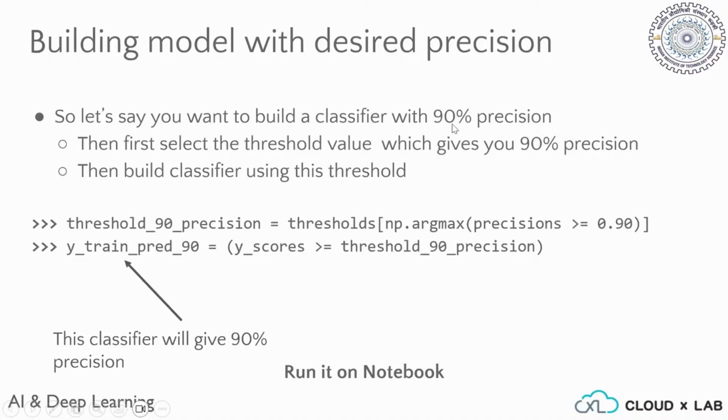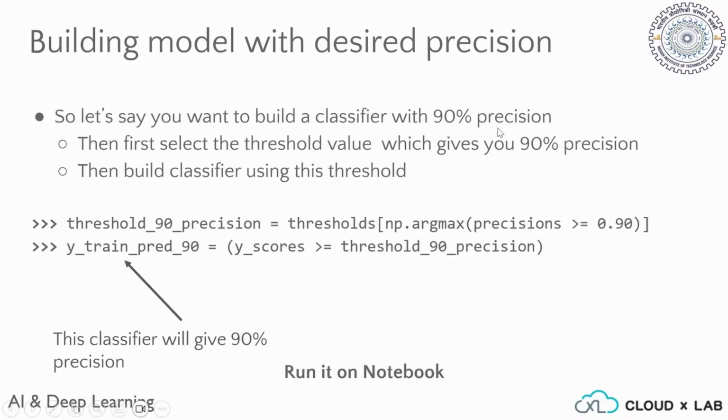Since the precision is high, the recall will be low, right? So it's not like we can get both high precision and high recall. But yes, let's say it's a need of our problem that we want high precision. So we want to build a classifier with 0.9 precision, or 90% precision. Then how can we achieve this?